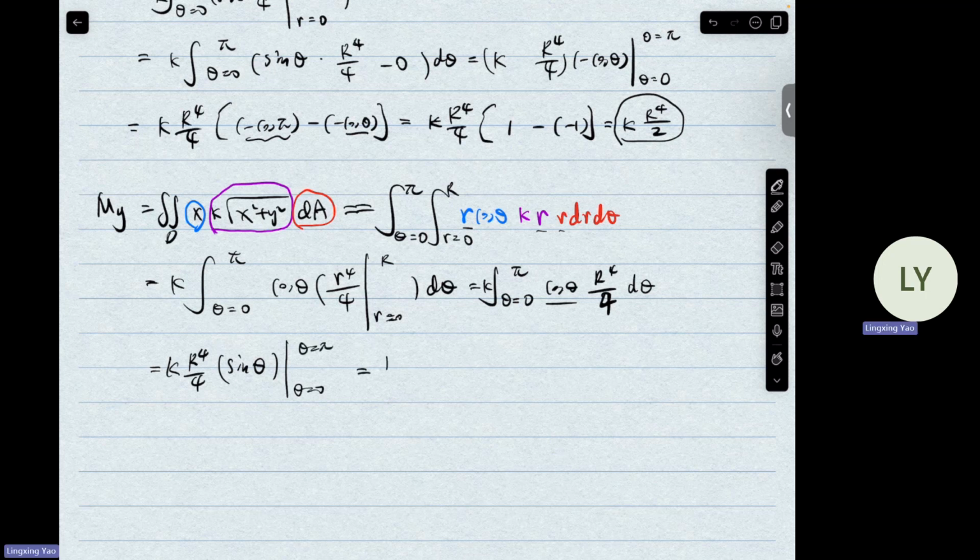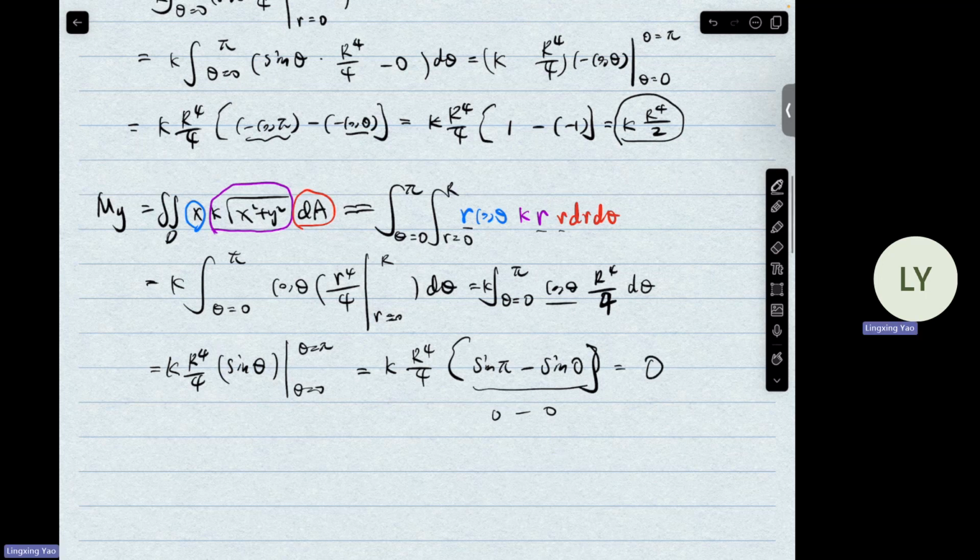What is the sine theta at pi? I think it's 0. What is sine theta at 0? Well, sine 0 is 0. So here it's 0 minus 0. So the result is 0.